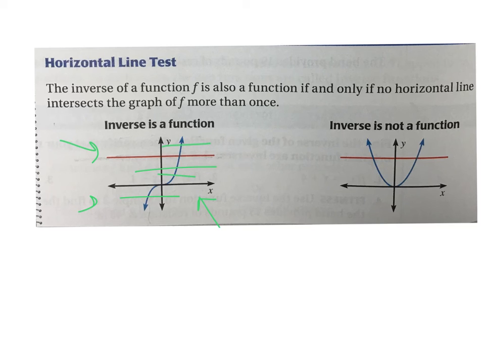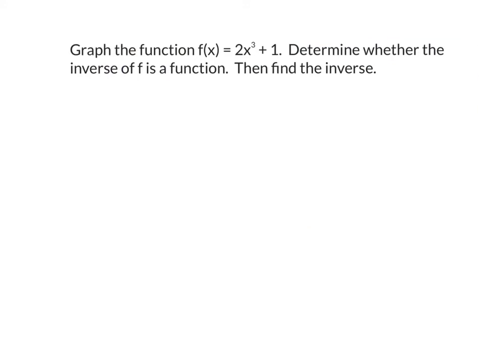Now, this is an x squared graph, or an even degree graph. A horizontal line hits it more than once, which means the inverse is not a function, and that's why we have to restrict the domain if we're going to try to find it. That's how you can tell with the horizontal line test, and we can check those on the calculator as well.